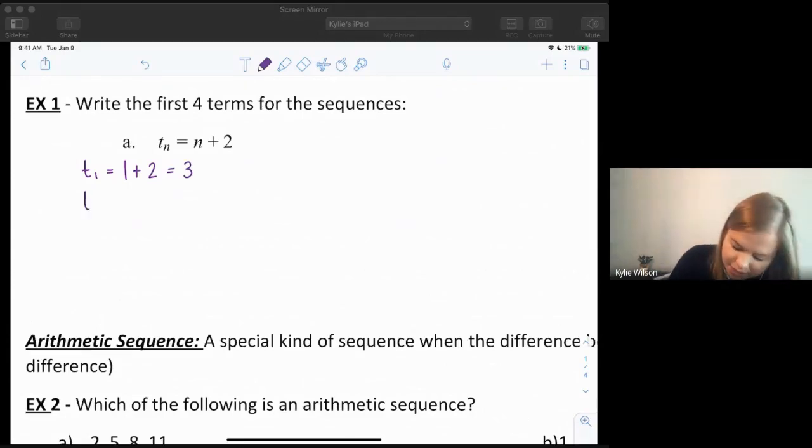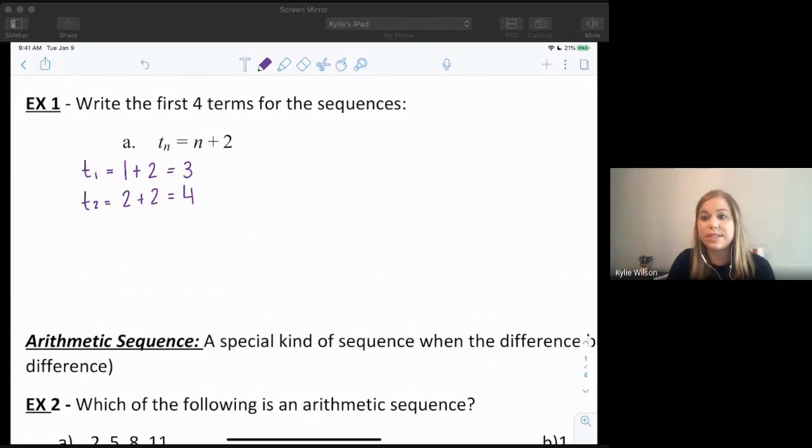And then for my second term, instead of writing an n, I'm just going to write a 2. So I'll have 2 plus 2, which is just 4. And then I'm going to continue this for the first 4 terms.